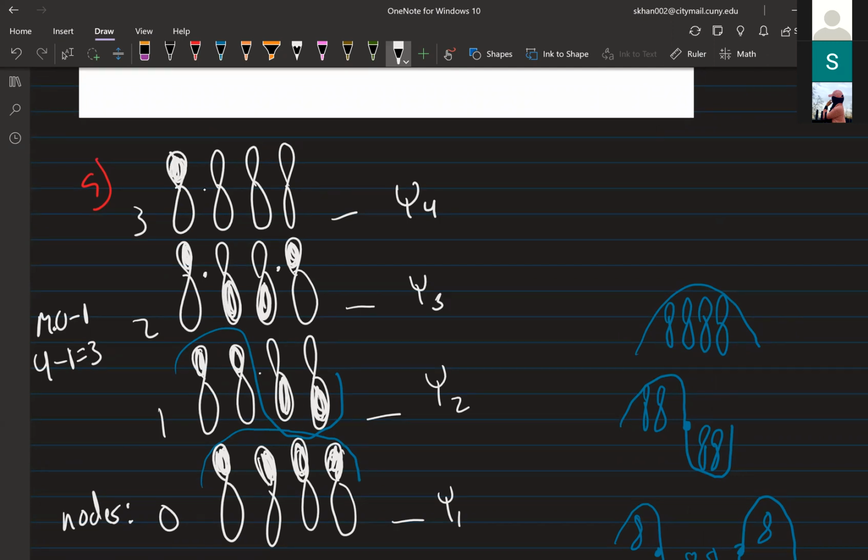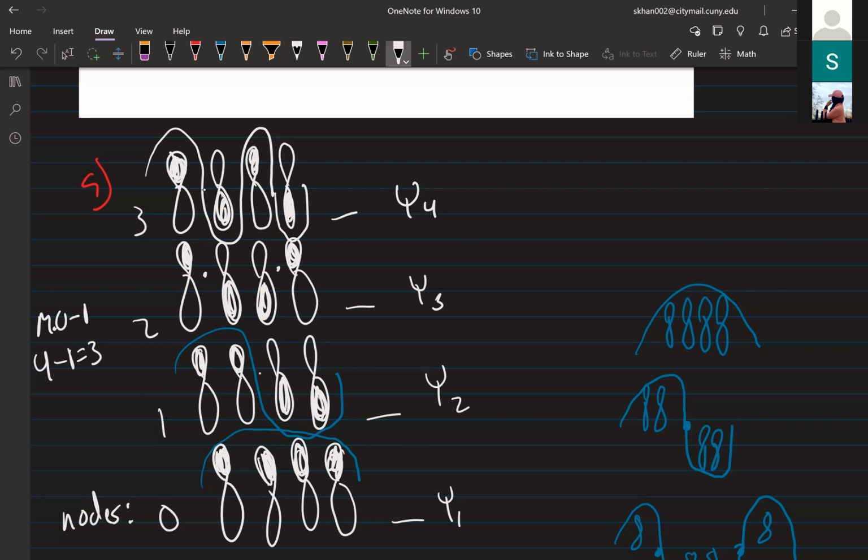So here in phase, out of phase, in phase, out of phase. Oh wait, 1, 2, 3. Yeah, I guess you could draw it here. This trick will always work for all the molecular orbitals, or any type of question like this one.